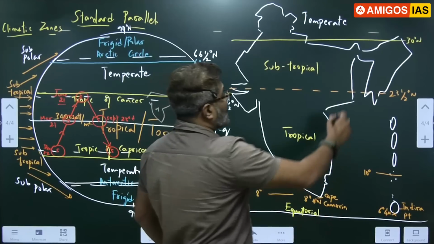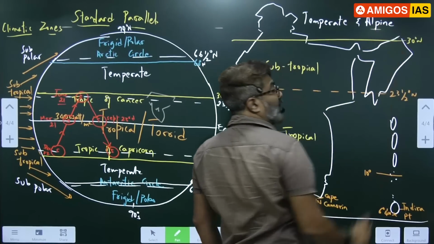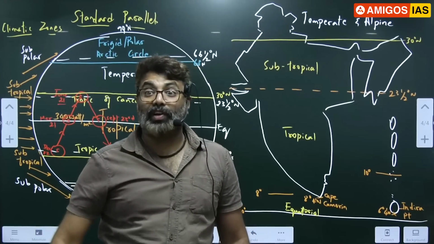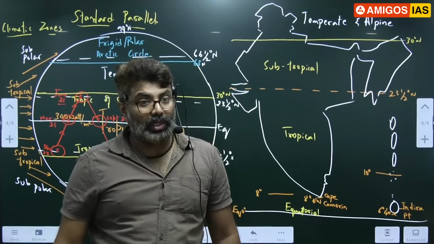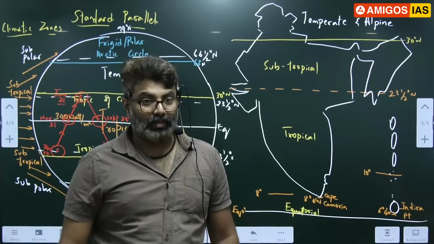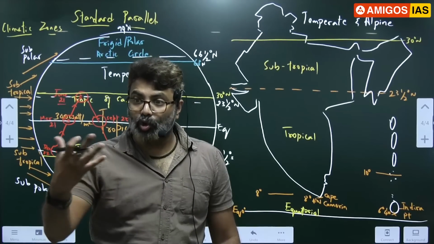Snow covered mountains are called alpine. Alpine climate applies to those mountains which are always under snow cover. What are alpine mountains? Mountains which are always under snow cover.